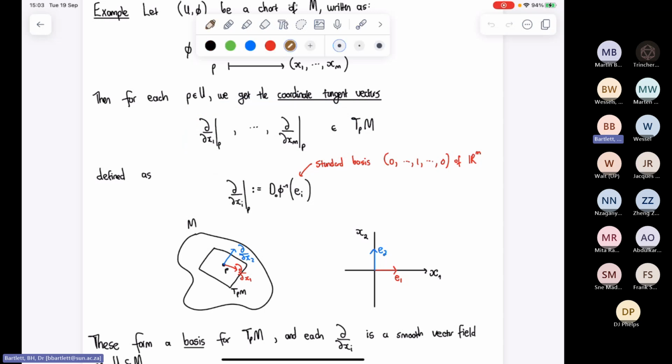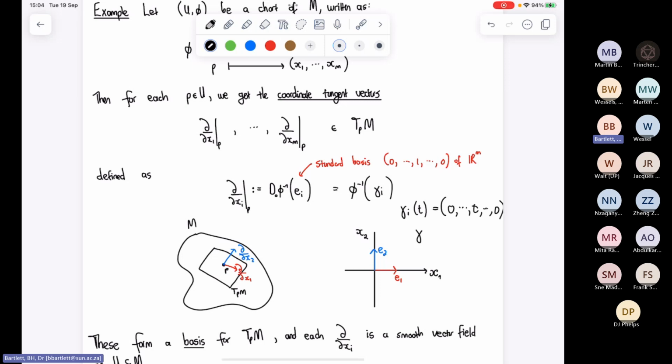It can alternatively be thought of in two ways, so let me write it. I can think of it either as phi inverse applied to these particular curves. Let me call it gamma i. Gamma i is the curve in R^m which at time t looks like this, right?